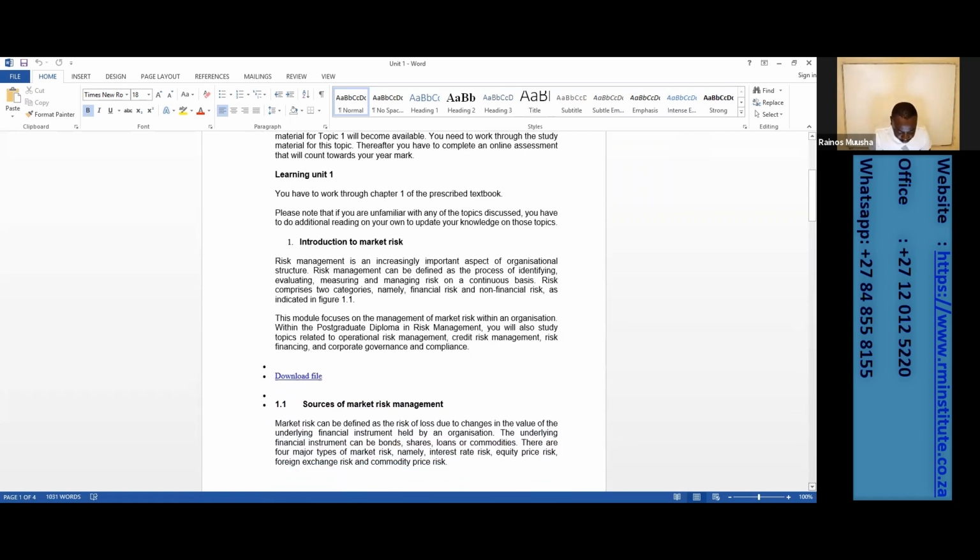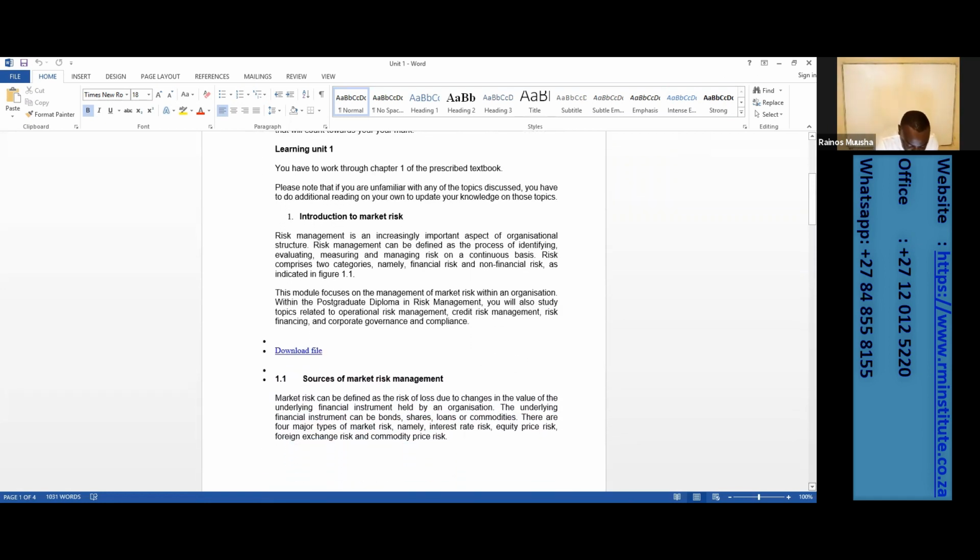Under introduction to market risk, they say risk management is an increasingly important aspect of organizational structure. Risk management can be defined as the process of identifying, evaluating, measuring, and managing risk on a continuous basis. Risk comprises 2 categories, namely financial risk and non-financial risk, as indicated in figure 1.1. Now I'm going to highlight figure 1.1 so that you can see.